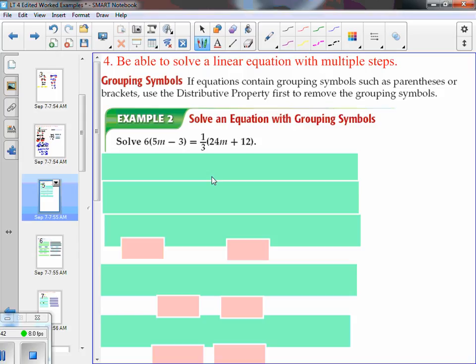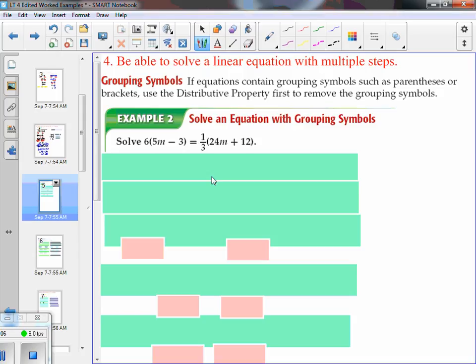So this time, we need to use the distributive property to simplify, because remember, we're supposed to simplify each side before we start trying to shuffle things around. And you see a fraction again. Now, sometimes when I see that fraction, I want to do what I did on the second method of that previous problem, which is multiply both sides, in this case by 3, to get rid of it.